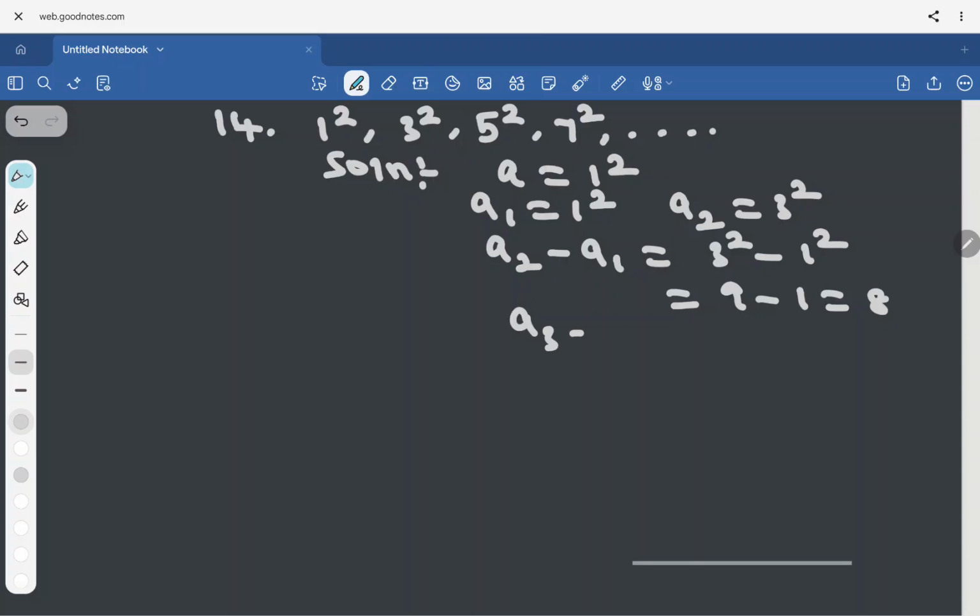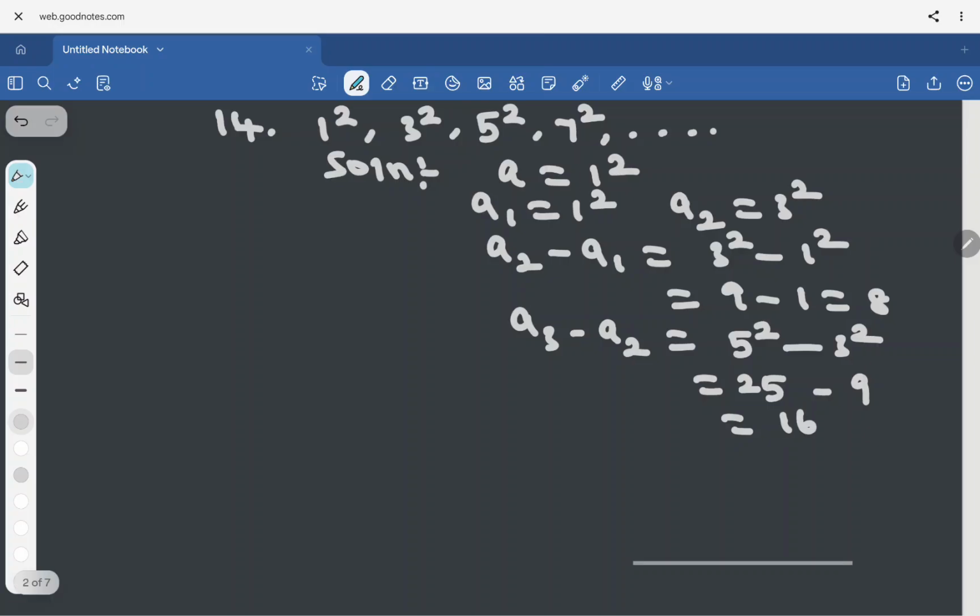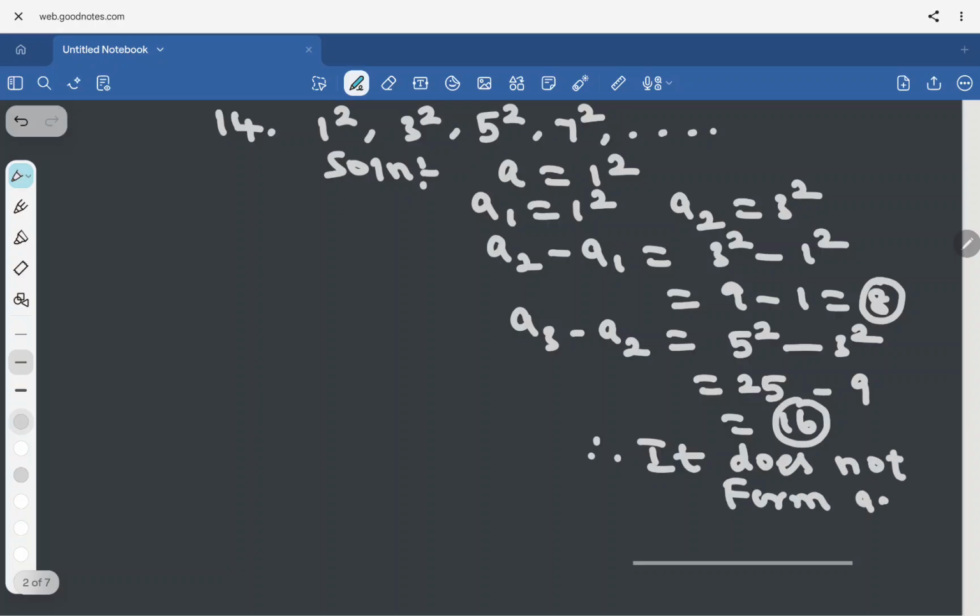Find a3 minus a2, 5 square minus 3 square, 25 minus 9, that is 16. Here a2 minus a1 is 8, a3 minus a2 is 16. Common difference is not same, is not equal, therefore it does not form an AP.